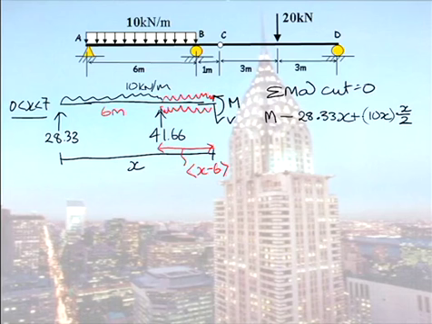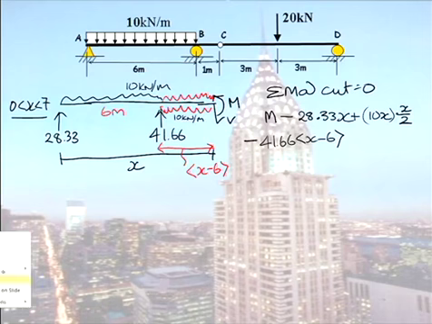And then I have my reaction force, 41.66. This is a distance x minus 6 from the cut and causes clockwise rotation, so that will be minus. And then I have my final term, which is this load on the bottom, 10 kilonewtons per metre. Now, this load down here, I'll do it in green, is effectively, if I draw an equivalent load up here, I'll make it extend all the way down so I can give it a value.